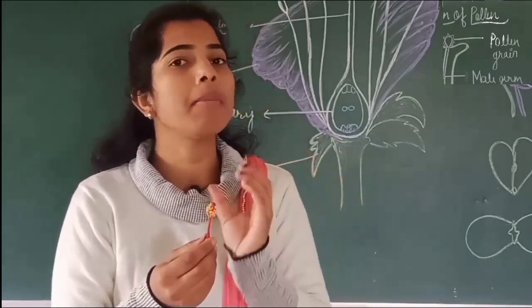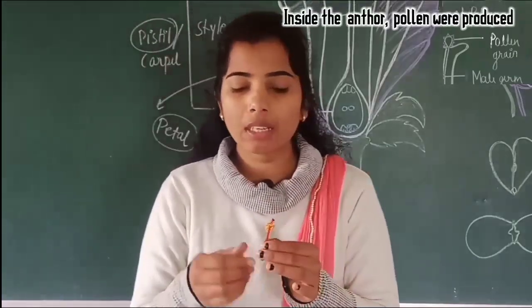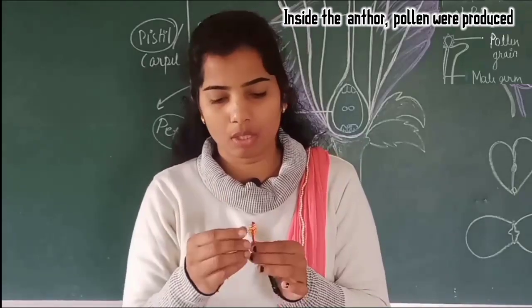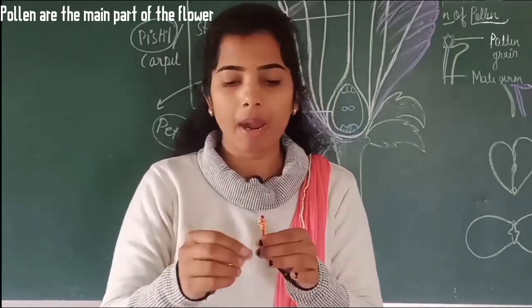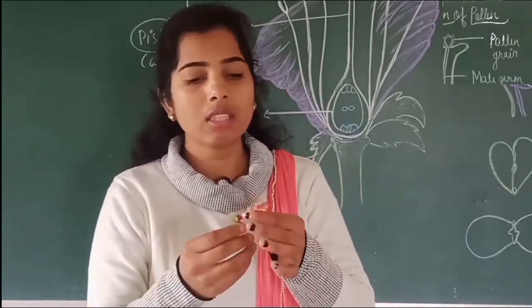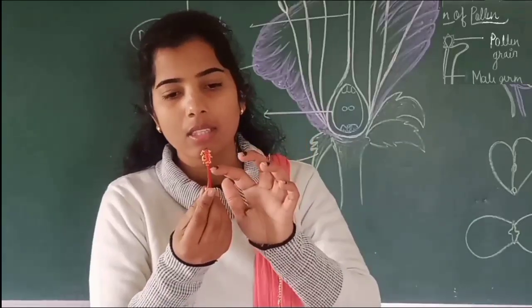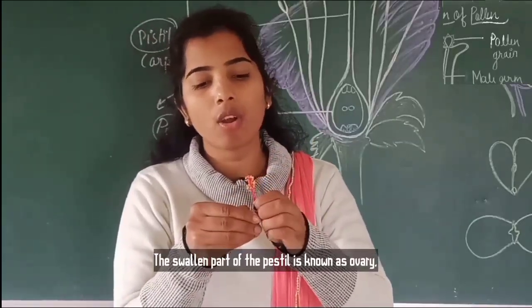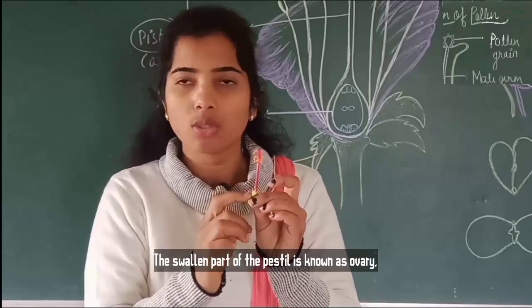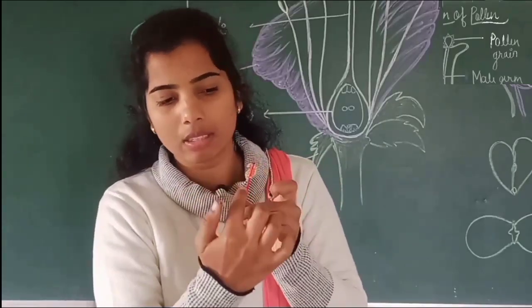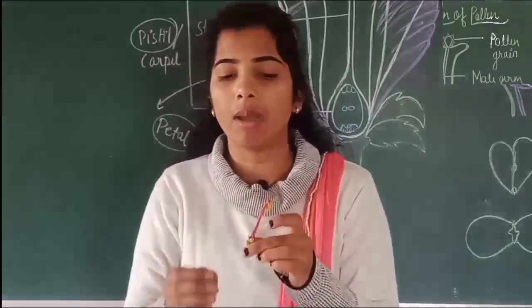Inside the bilobed anther, pollen are produced. Pollen are the male part of the flower. This is the stigma, this is the style, and the swollen part of the pistil is known as the ovary.